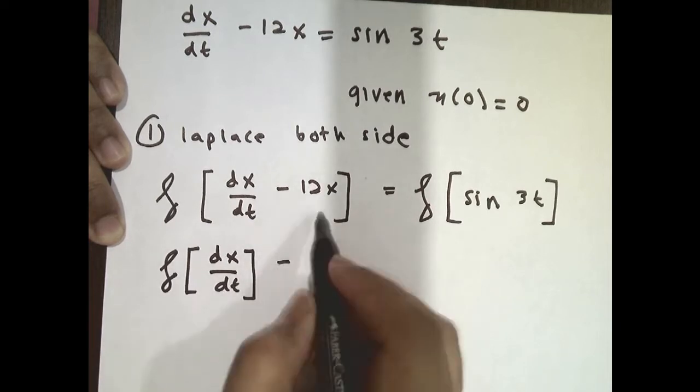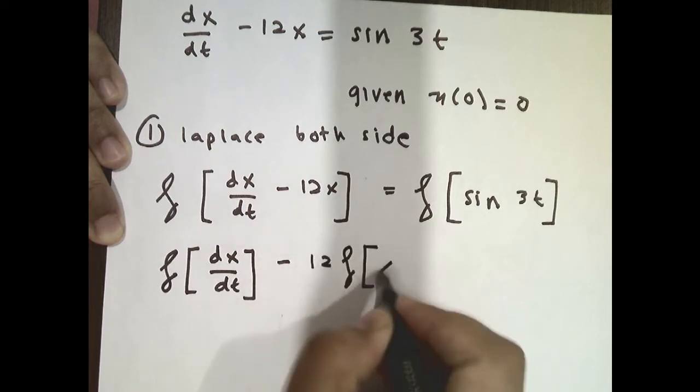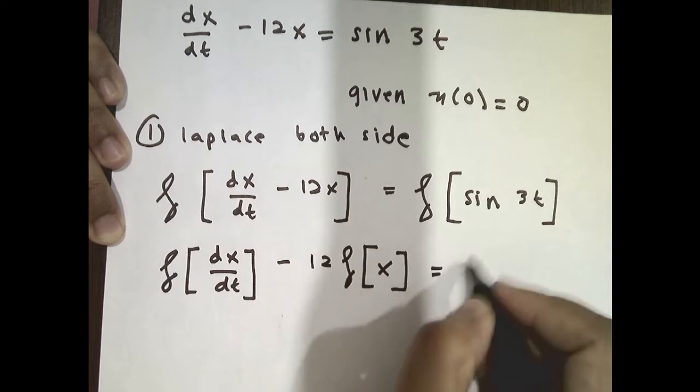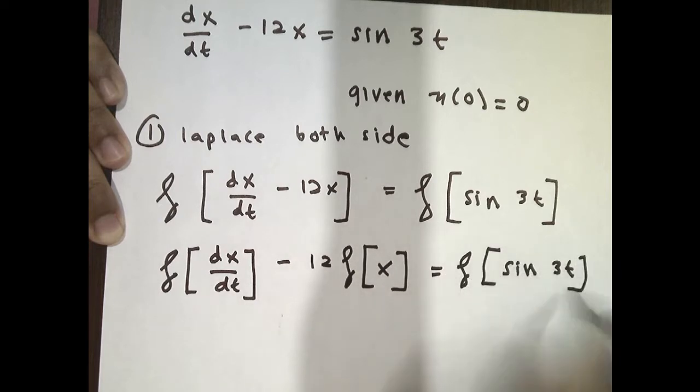Minus, if you have a constant then you can take it out, 12 times the Laplace of x, equals the Laplace of sin 3t, right?